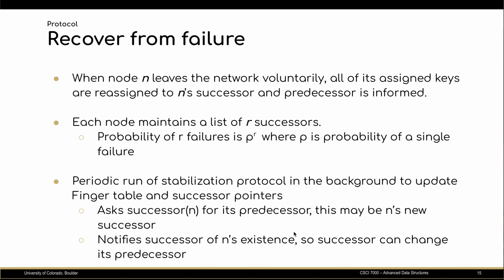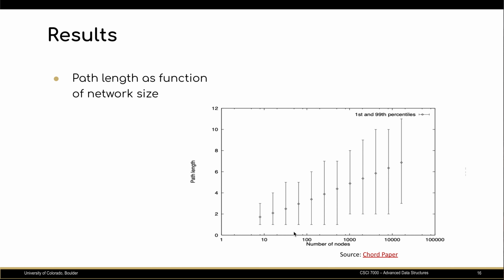It also notifies the successor of n's existence. So if a new node joins between n and the successor node, n has to also inform the successor of its existence, so the successor would update its predecessor pointer. And this stabilization happens periodically in a cluster. The communication is still very low because every node is communicating with its peers.